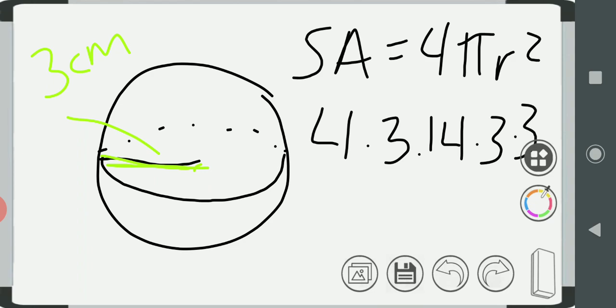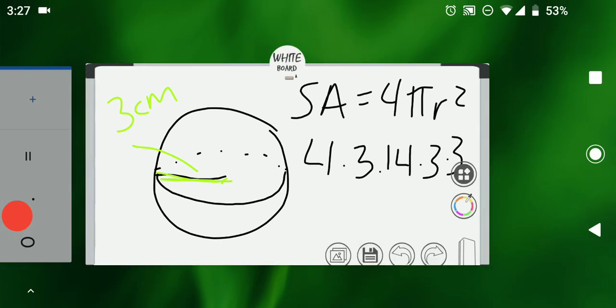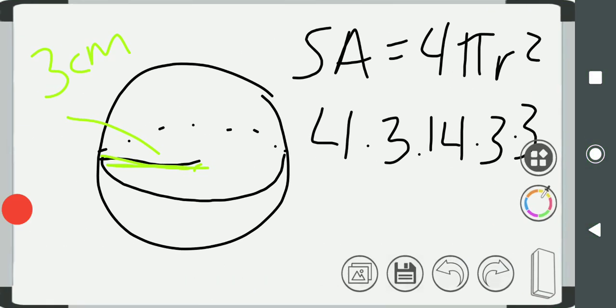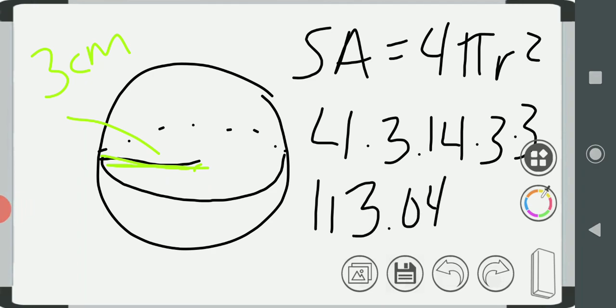Put that into our handy dandy calculator: 4 times 3.14 times 3 times 3 equals 113.04 centimeters squared. Because it's surface area, it's going to be squared.